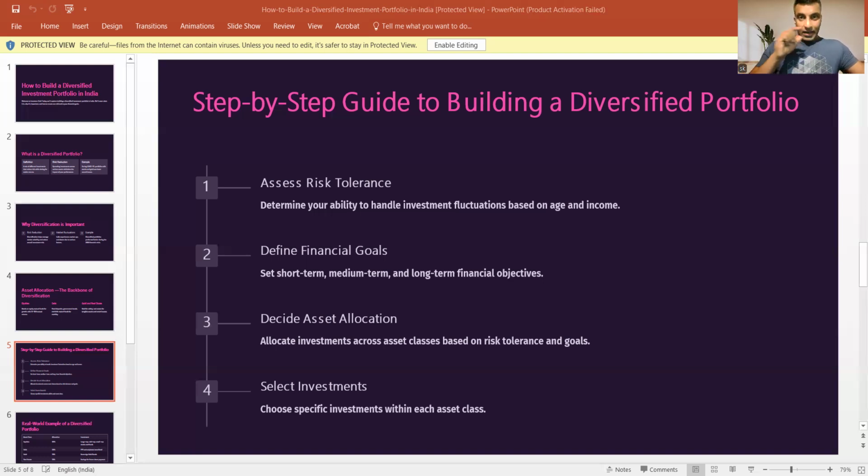So now coming to selecting your investment options. Okay, so guys, once you have your asset allocation, now choose the specific investments that you want to make. For example, for equities, you can invest a certain part in large cap stocks like HDFC Bank.